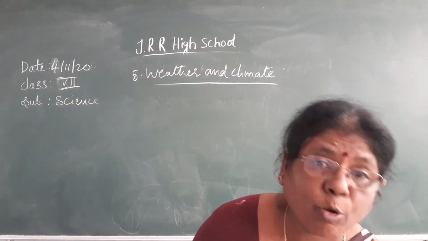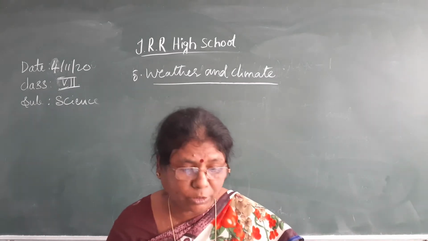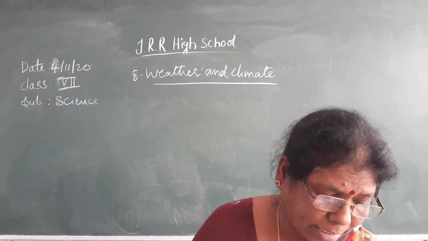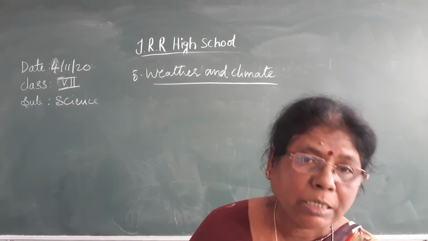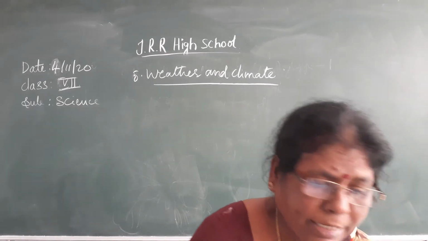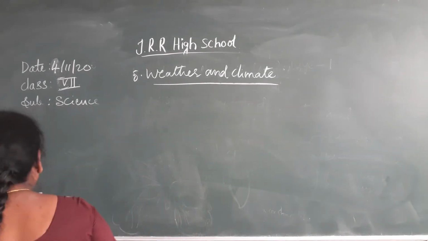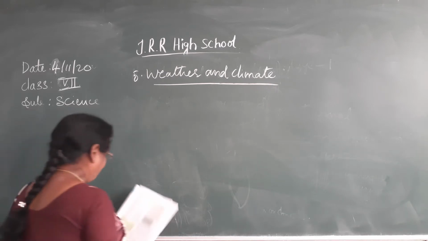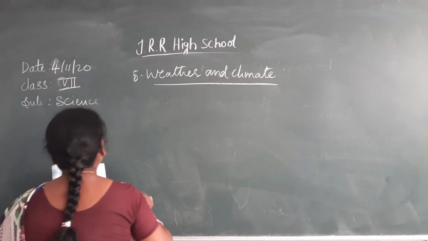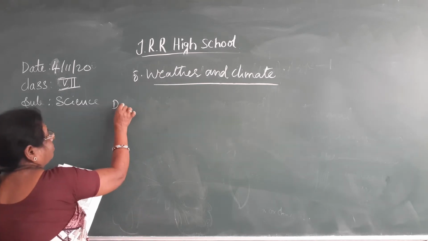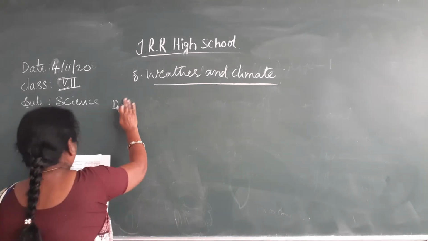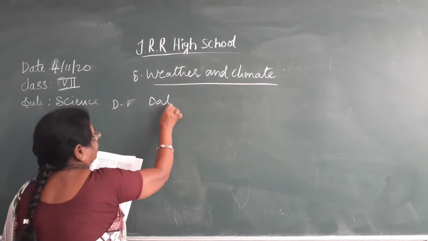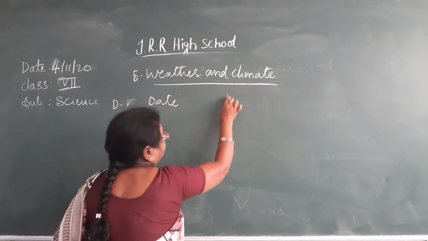Now, plotting a graph for 5 days I also explained to you. Already I explained how to plot the graph. Here you will see a 5 days graph is given for you. How to plot it, I will explain. You have to do this graph on graph paper only. Here it is given maximum temperature.